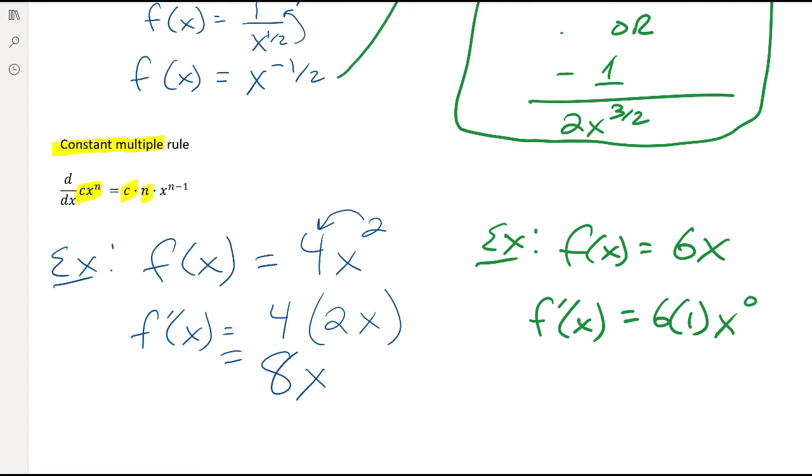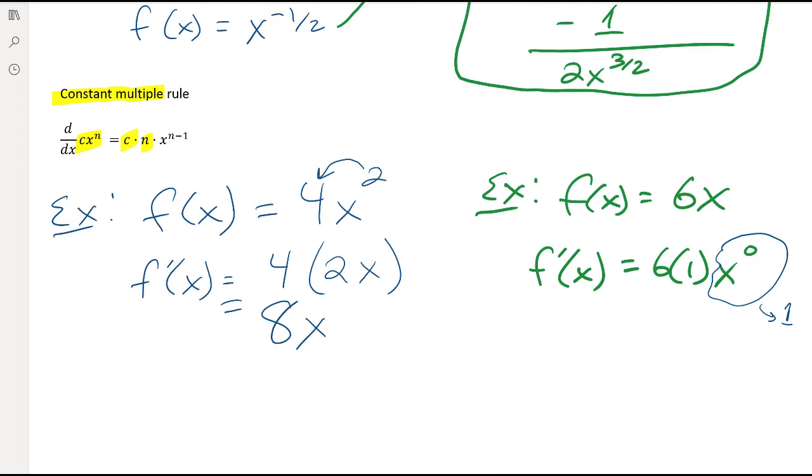Because I need to subtract 1 from the exponent on the x. Well, look, folks, anything raised to the 0 power, at least in this course, is not 0, but it's going to be 1. So what we have here is that x to the 0 power becomes a 1. So we have f prime of x equals 6 times the 1, which came from the power earlier, times the another 1, which is the x to the 0. And 6 times 1 is equal to 6.